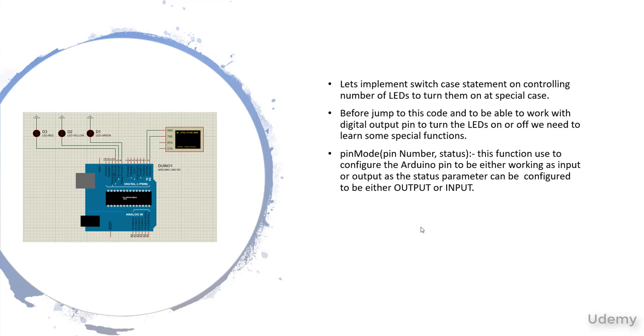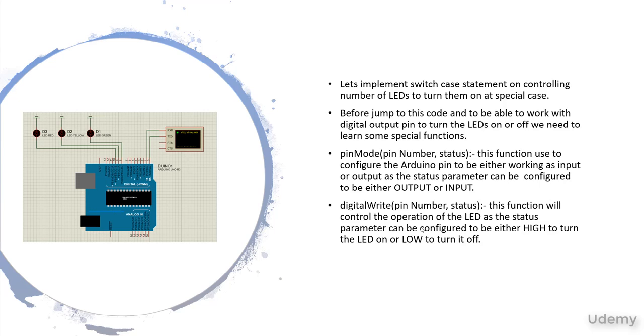In general, this function is used to configure the Arduino pin to work as either input or output. The status parameter can be configured to be either output or input. The second function, digitalWrite, also takes two parameters, and this function will control the operation of the LED. The status parameter can be configured to be either HIGH to turn the LED on or LOW to turn it off.